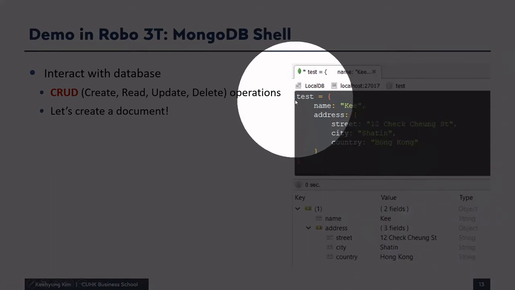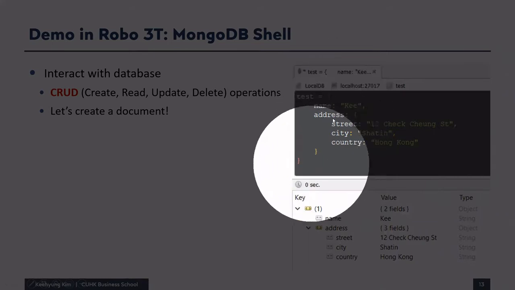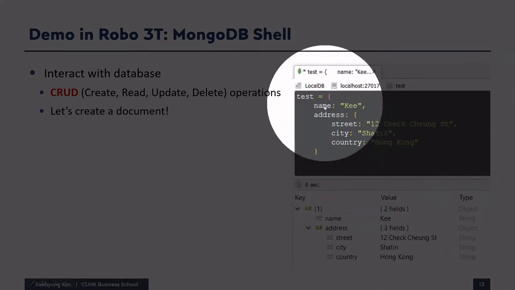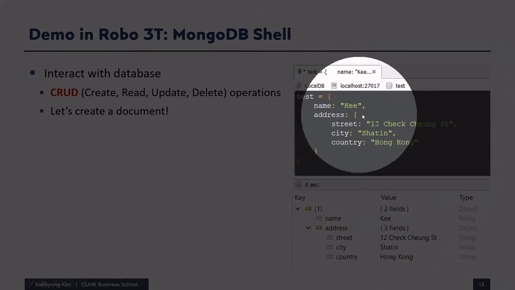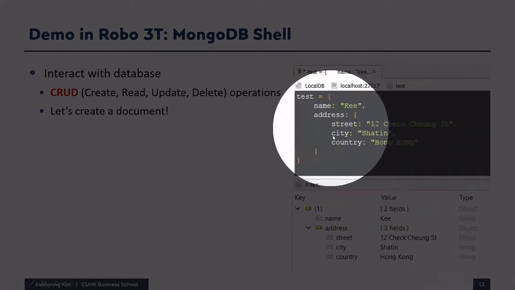We define the test variable inside the MongoDB shell, and in this variable, let's assign this document. In this document, there is a name field and an address field, and the address field contains an embedded document with 3 other fields. So let's type this.